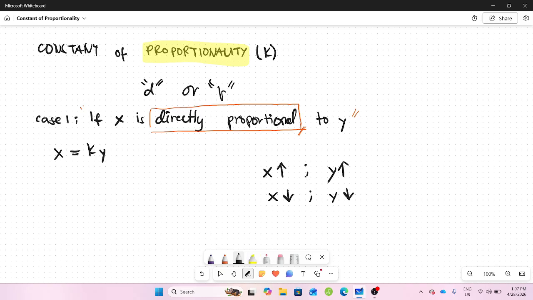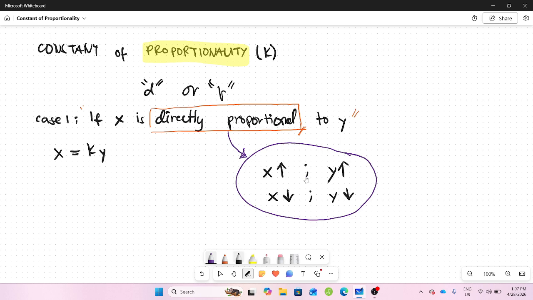That's the meaning of the term directly proportional. So x is directly proportional to y. Whatever change happens to y, x will be affected by that change. If y increases, then x increases. If y decreases, then x decreases. That's what we mean by directly proportional.